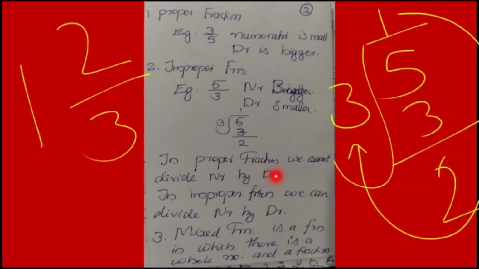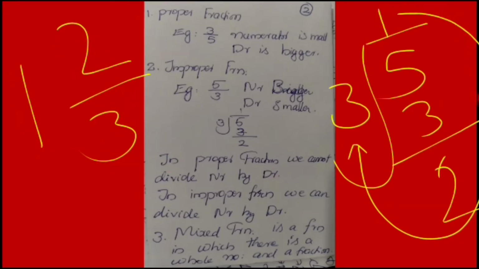In a proper fraction, we cannot divide the numerator by the denominator. See, this is a proper fraction. 3 is smaller as compared to 5, so we cannot divide 3 by 5. But in the case of an improper fraction, the numerator is a bigger number, so you can divide the numerator by the denominator. 5 you can divide by 3, and you will get the answer 1, 2 by 3.